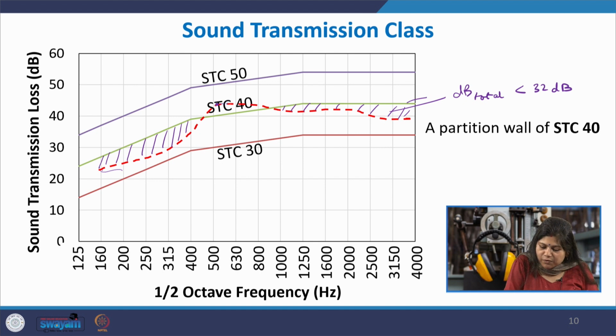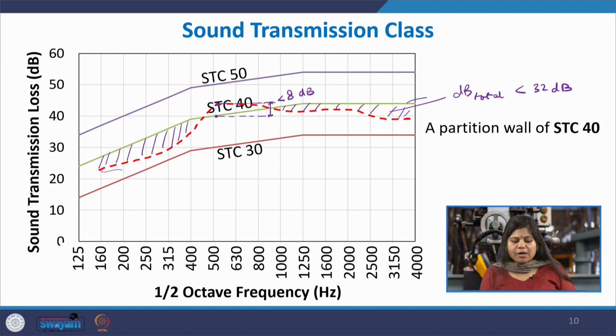The difference between them is less than 8 dB. So, the closest curve that you get becomes your STC 40, the very first curve that satisfies this. Again, this is 1/3 octave frequency, alright. So, this is how you assign the STC 40 to this particular partition wall.